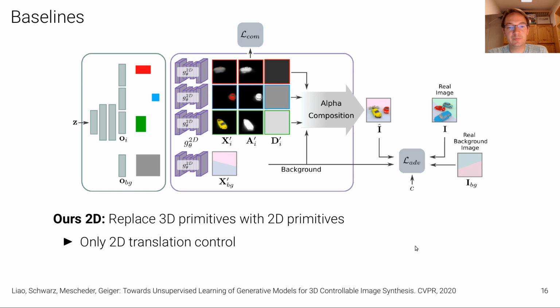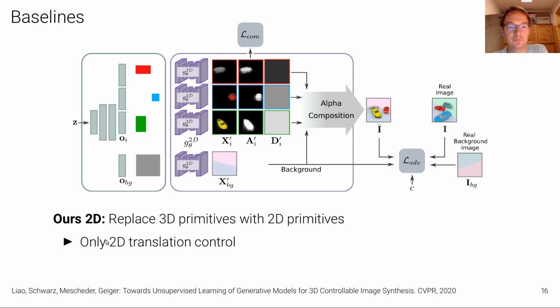We also created a baseline from our approach by removing the 3D part. What we do here is we have the generator directly predicting 2D primitives in the form of 2D bounding boxes that are directly fed into these 2D conv layers here, these little units here. And this model uses the same adversarial loss as our full 3D model.